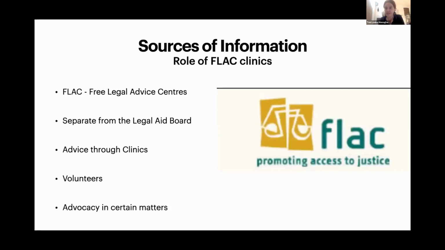Just to mention briefly the role of FLAC. FLAC stands for the Free Legal Advice Centres. They are separate from the Legal Aid Board. We are not the same organisation at all.